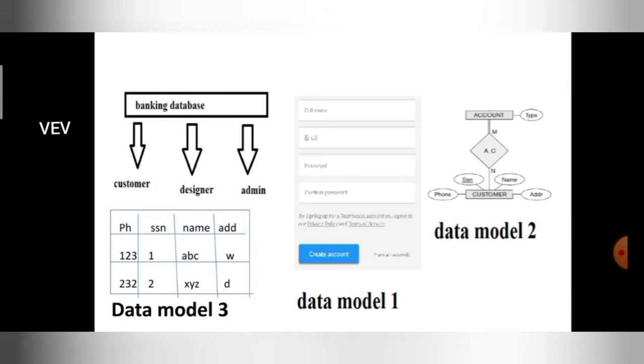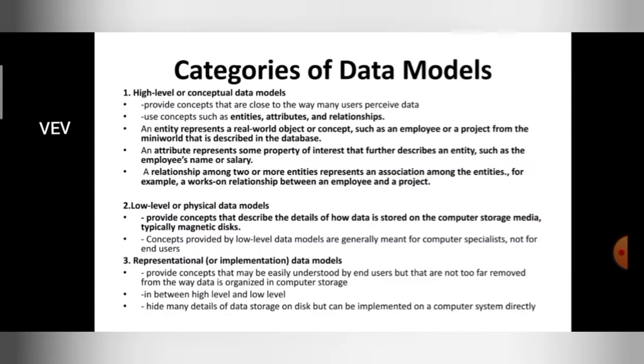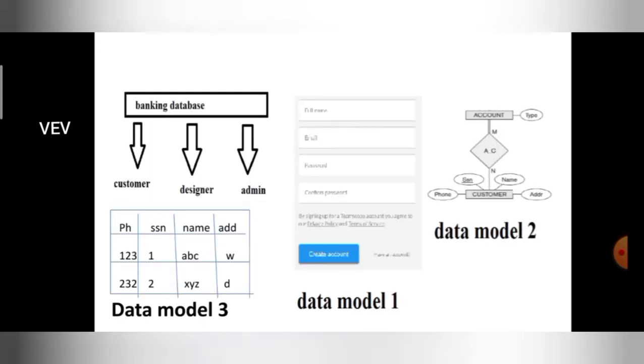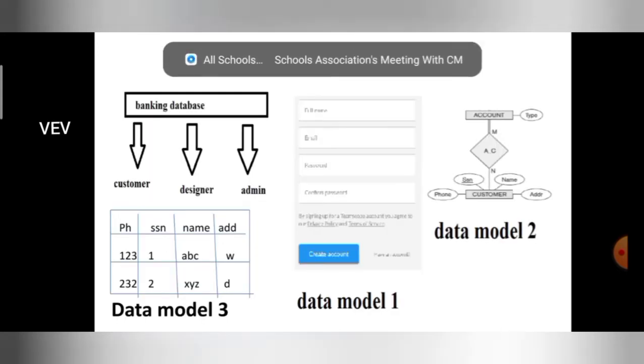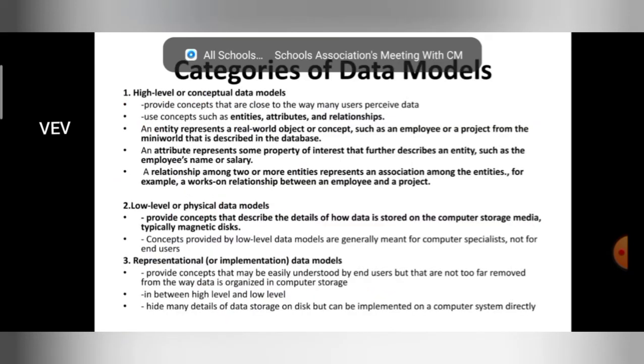What is the relationship between customer and account? Creating an account is the relationship. Hope you are understanding, guys. So relationship is nothing but an association between two entities. So the high level data model contains this type of information. For example, you can see here data model 2 is an example of a high level data model.